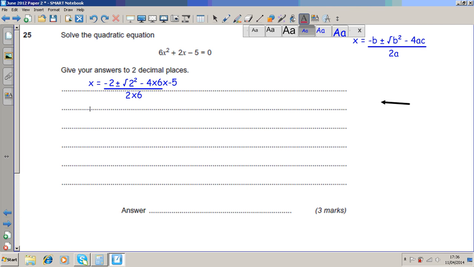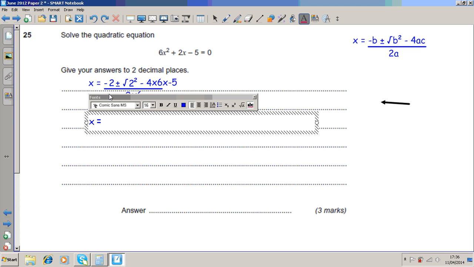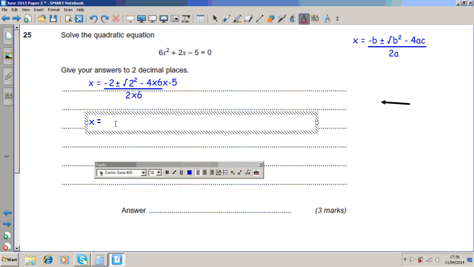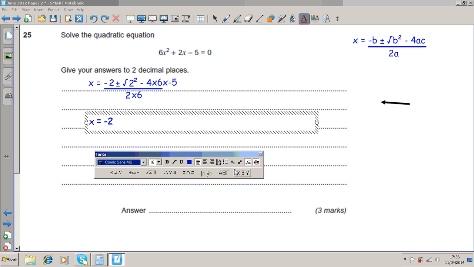Okay, next job then is to try and actually make sense of it. Minus 2, not going to do anything with that yet. Let's leave that how it is. Plus and minus stays the same. Now the square root of 2 squared is 4, minus, and then 4 times 6 is 24, times 5, 4 times 6 times 5 is 120, and there's a minus there, so it's minus 120.